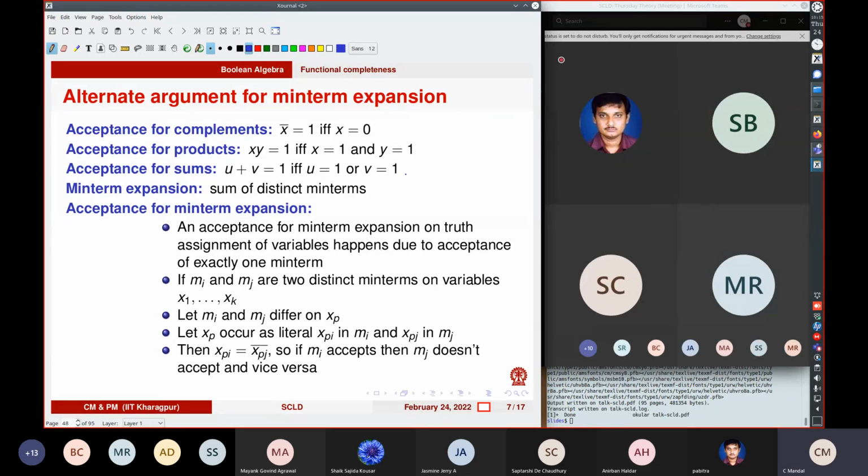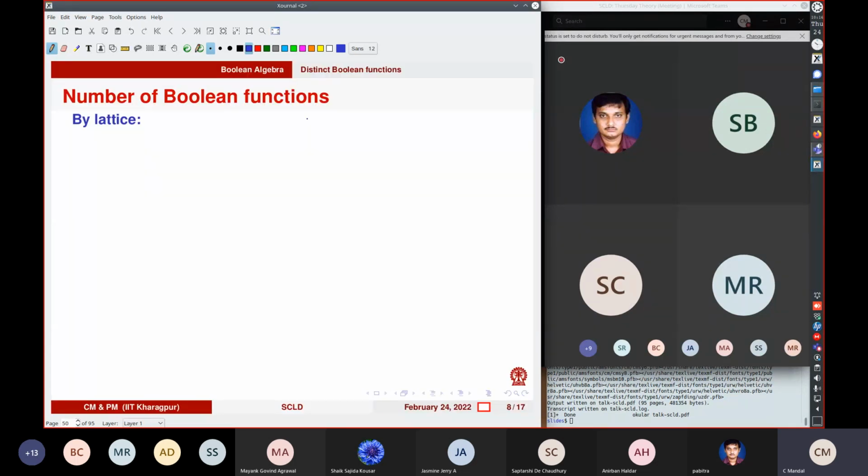So that is the thing. This ensures that the min term expansion is unique. That means for each assignment of truth values, you can have only one min term true at a time. So that is one way of showing that the min term representation is unique.